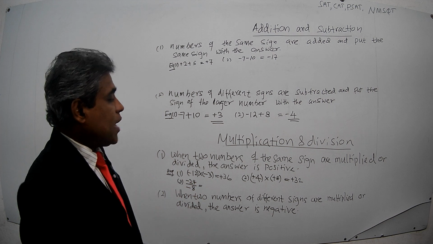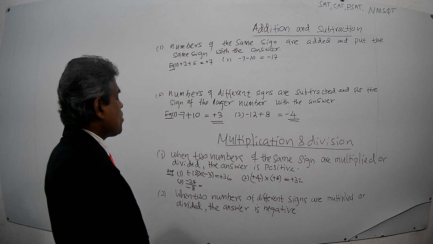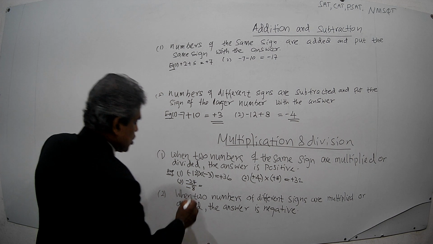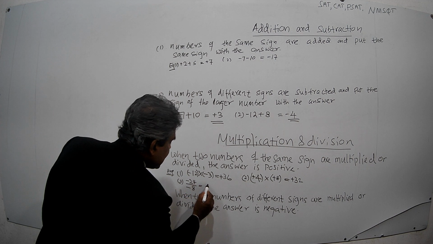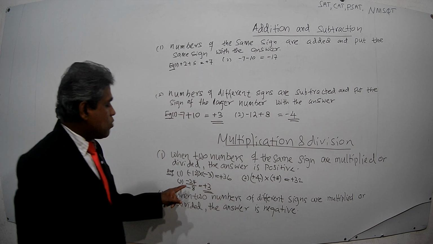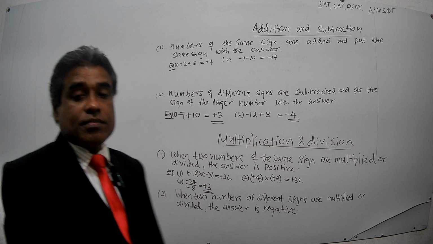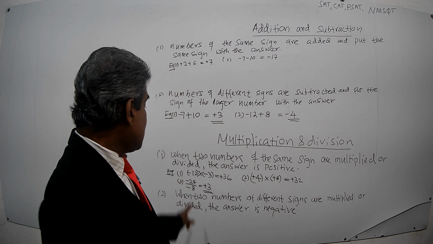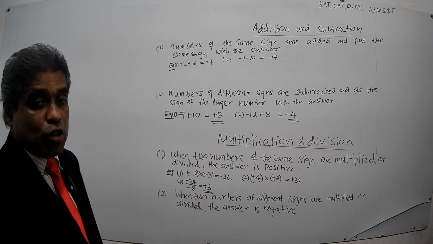Therefore the first rule applies: when you divide two numbers of the same sign, the answer is always positive. Therefore, 24 divided by 8 is 3. The answer is 3, because two numbers of the same sign have been divided.